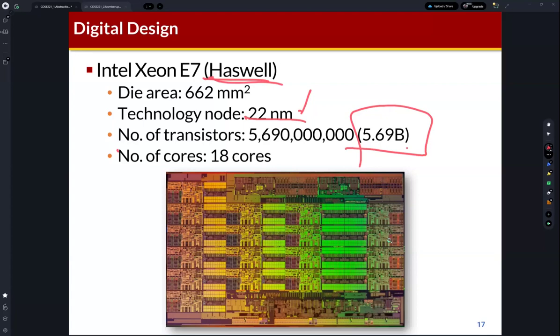But as you can see, the technology now is 22 nanometer, and the number of transistors is billions of transistors. Okay, and then there are 18 cores. It means that this chip includes 18 CPUs.